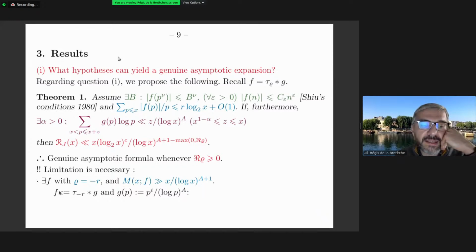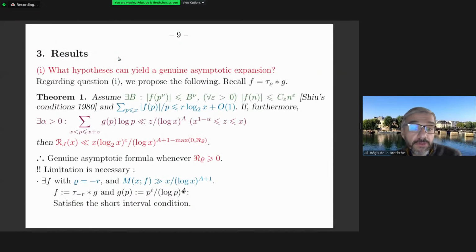So you take f to be the convolution of tau of index minus r with a g function, but g is a multiplicative function defined by p power i over log p power A. So I will show you the proof because it's an easy proof, easy to explain.